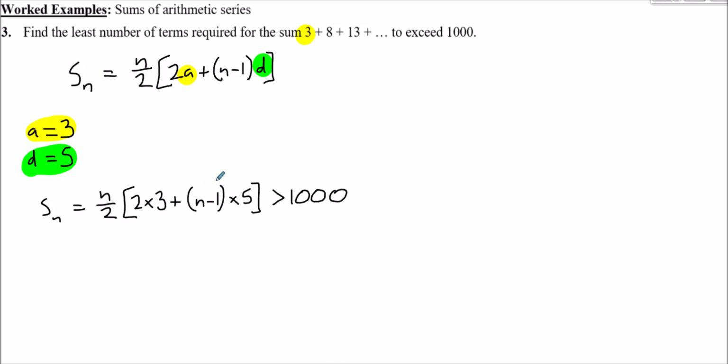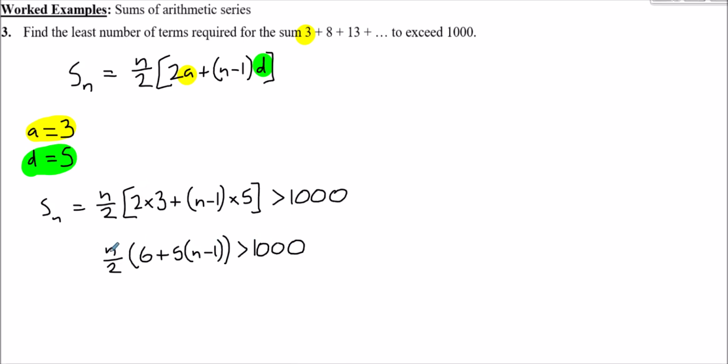So let's now neaten this up. So we've got n over 2, 2 times 3 is 6, n minus 1 times 5, that's 5 lots of n minus 1. That needs to be greater than 1000.